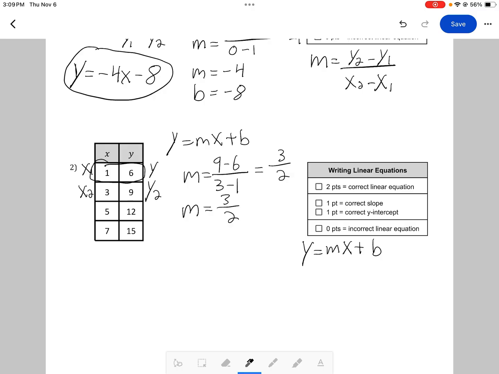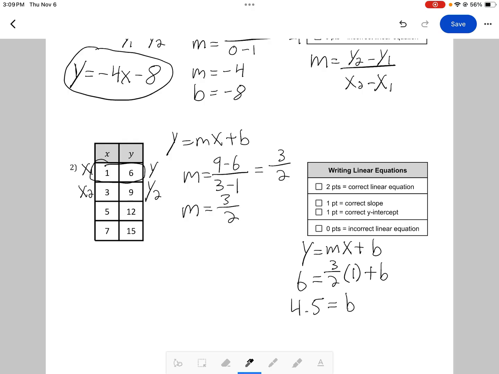So my y here is 6 equals my m, which we said was 3/2, times my x, which in that ordered pair I circled as 1, plus b, which is what we're trying to find. 3/2 times 1 is 3/2. So I'm going to subtract 6 minus 3/2, which is 4.5. So my b in this problem is 4.5.